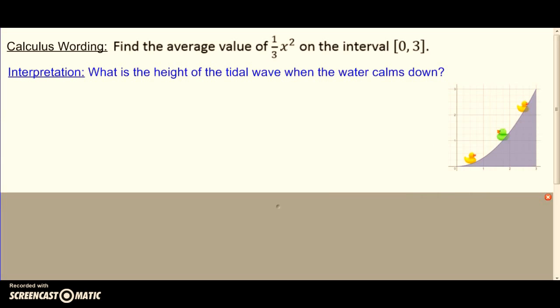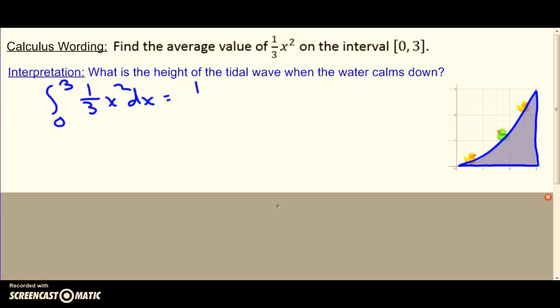So I have shown there the picture of the tidal wave as it starts. And our first goal is we're going to find the total amount of water. So to find that, we look at the integral from 0 to 3 of 1/3 x squared dx.